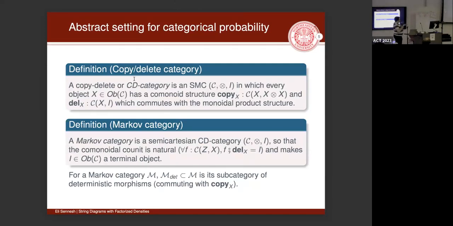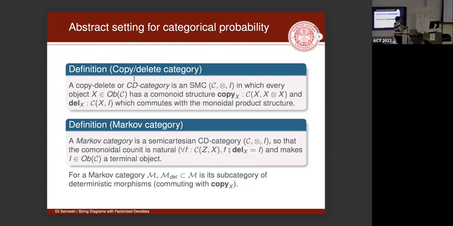So the abstract setting, we've been seeing this all week. Copy-delete categories, SMC, in which every object has a comonoid structure that commutes with the monoidal product structure. A Markov category makes the comonoid counit natural, so that effectively you take any Markov kernel, or any process or morphism in a Markov category, post-compose it with delete, and it just becomes the unique map into the terminal object.